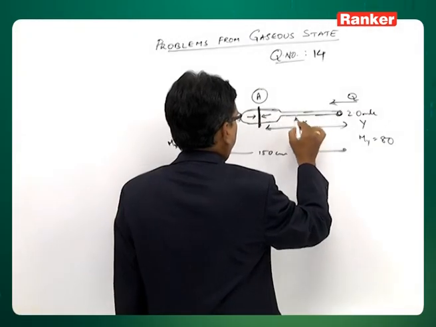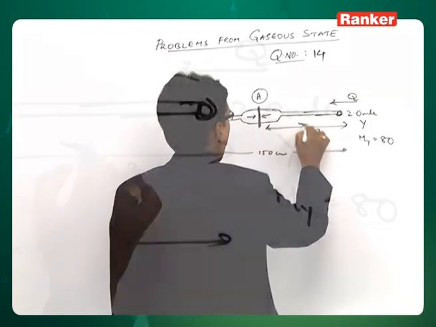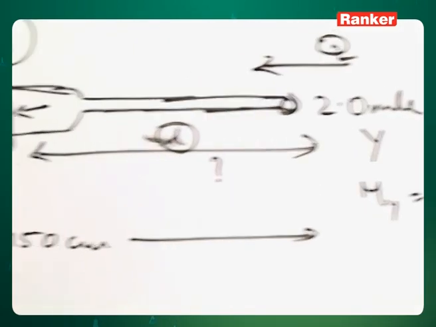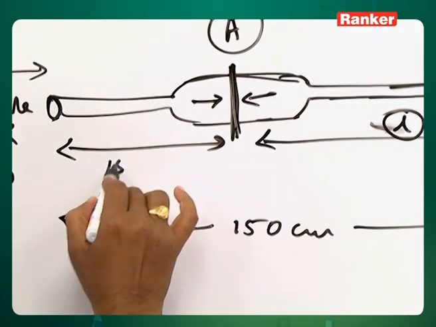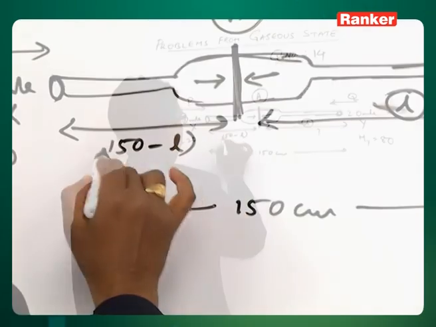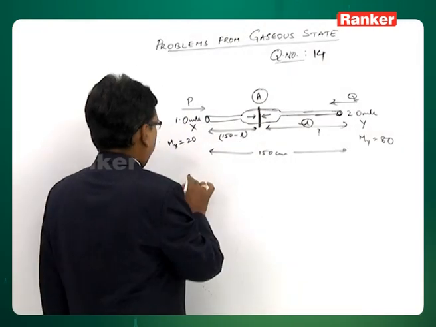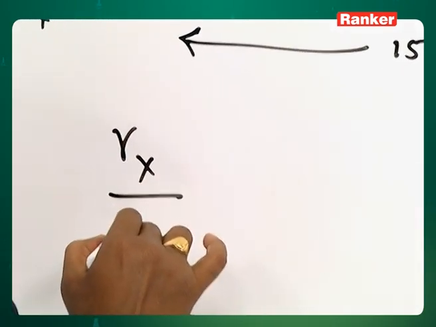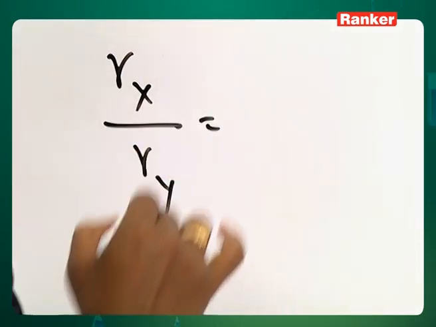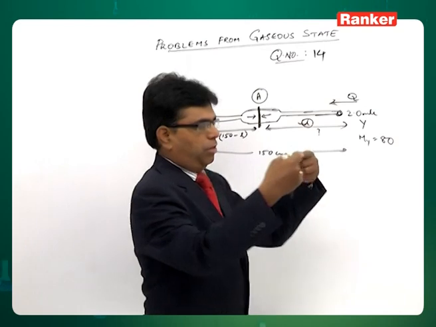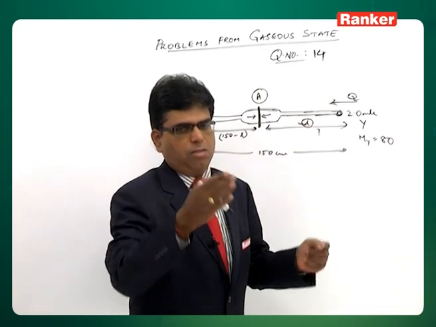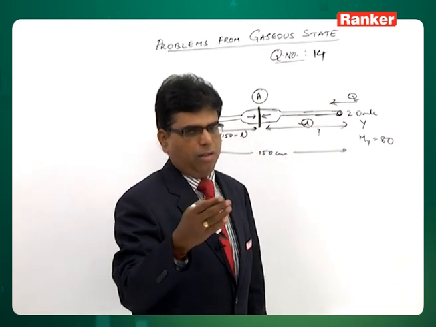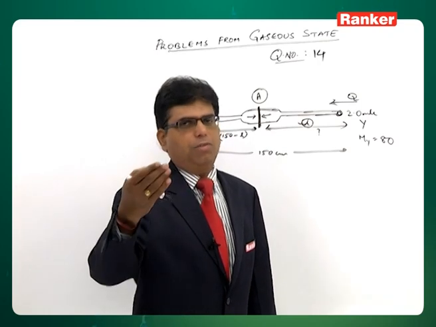Now, if you consider this distance as some L, then the other distance will be 150 minus L, right. Now, the ratio of rates of diffusion Rx by Ry is nothing but the distance travelled by the two gases, which gives us directly the rate of diffusion.